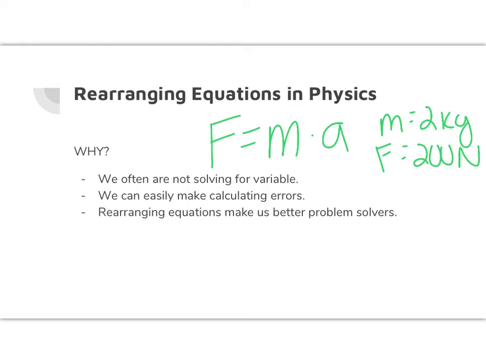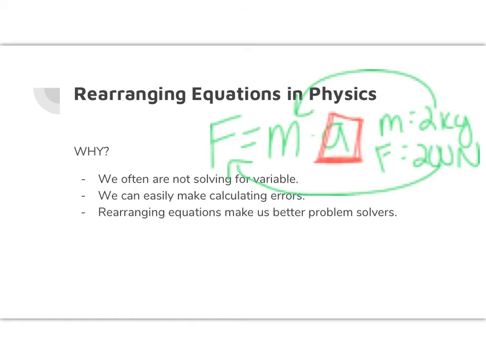Well, you're probably saying, I can just plug in these numbers right here and solve for a. Well, unfortunately, this is when we make a lot of silly mistakes with math. So instead, we need to solve for a first, then plug in these numbers. This helps us avoid calculating errors, and it helps us really improve our math skills and become better problem solvers in general. So let's dive in and practice this.